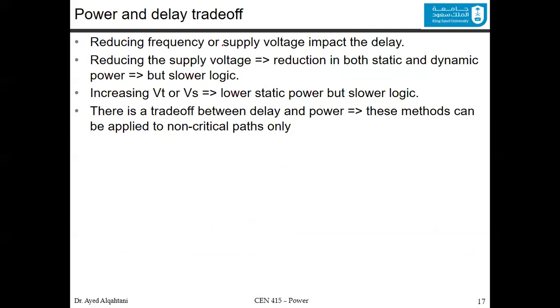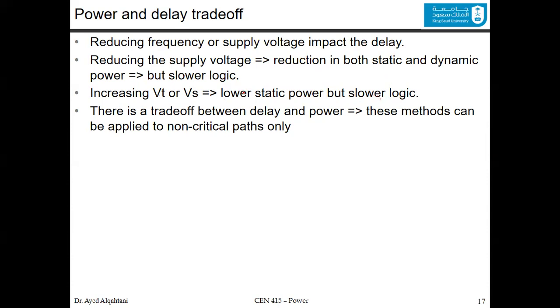So reducing the supply voltage impacts the delay. Reducing the supply voltage means a reduction in both the static and the dynamic power, but you will slow the logic. Also, increasing the V threshold, or the voltage at the source, Vs, lowers the static power, but also slows the logic.